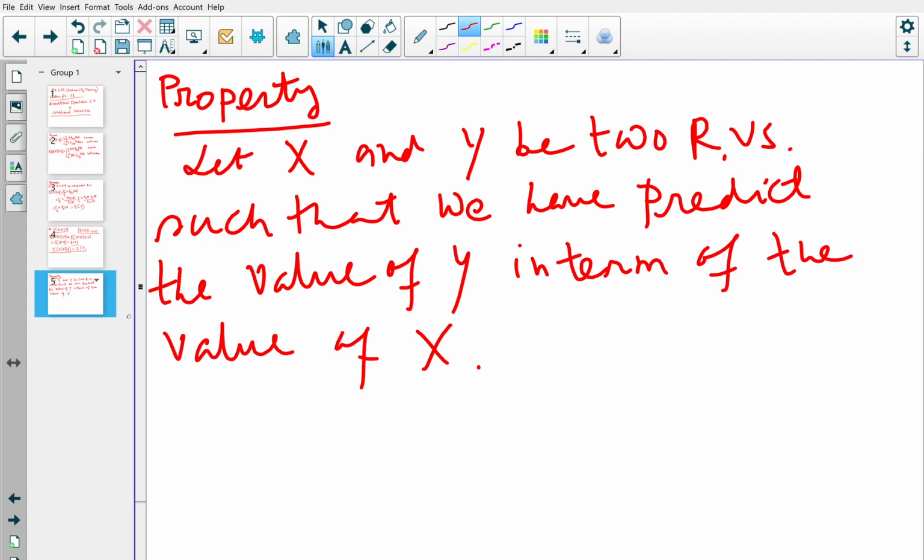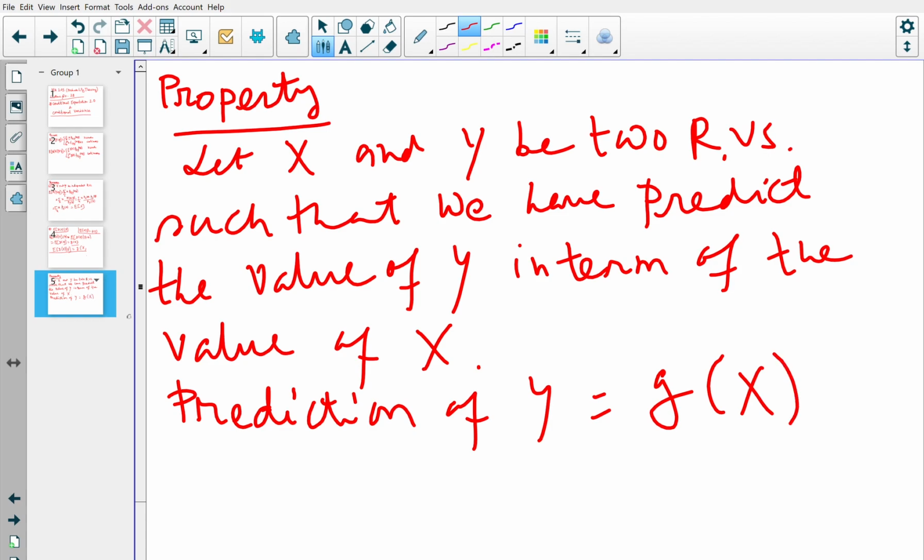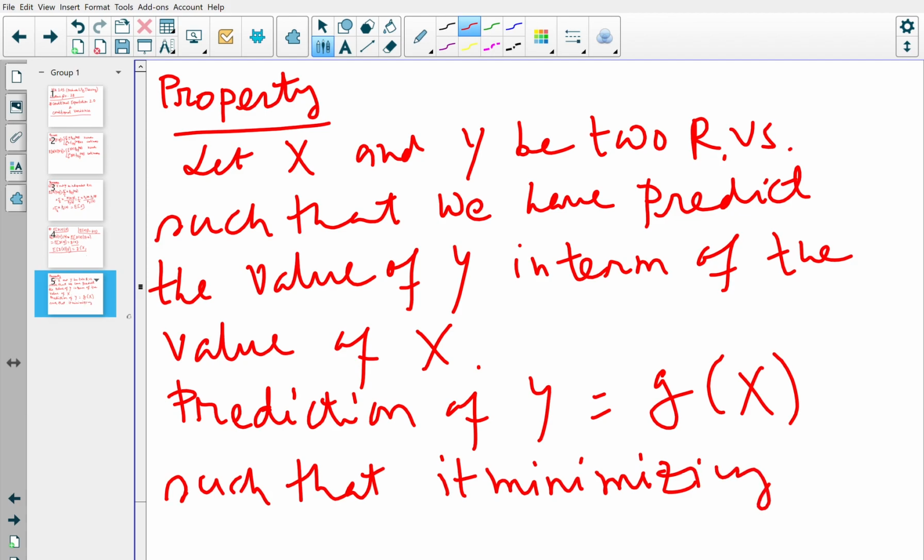What does that mean? That means we need to predict something. Say the prediction of Y is g(X), a function of X, such that this prediction is very close to Y, minimizing this quantity.